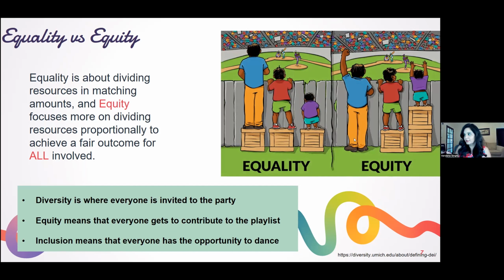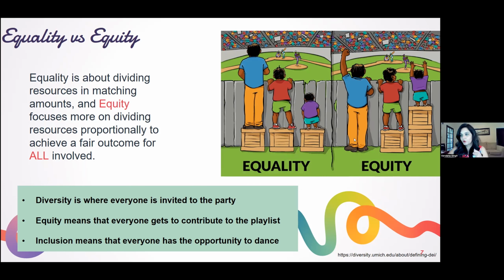Versus equity is giving more resources to the person who needs them more. So based on their chances of success, in this case, the success is being able to watch that match or game beyond the fences. So that is what equity looks like. Equity looks like this division of resources according to what will give each individual a fair chance to succeed.